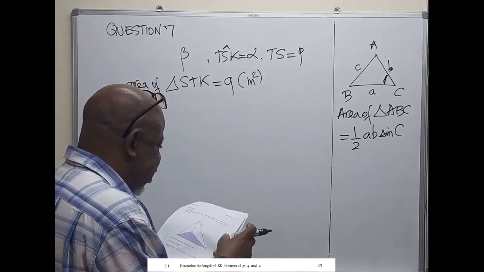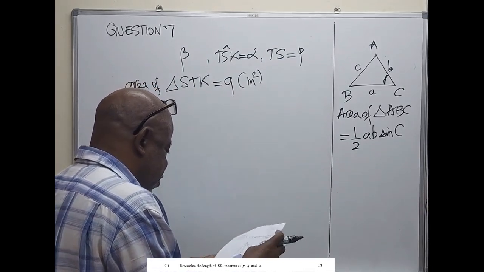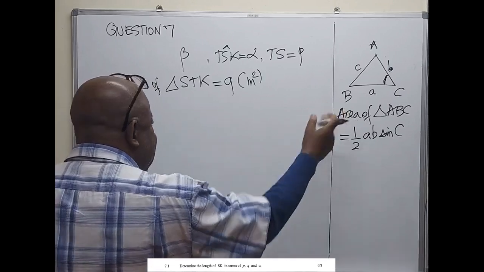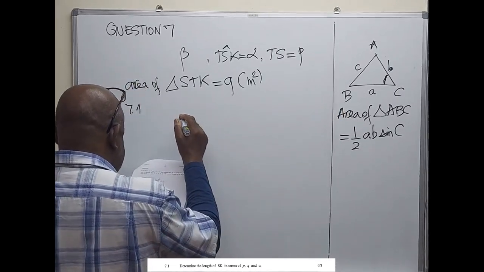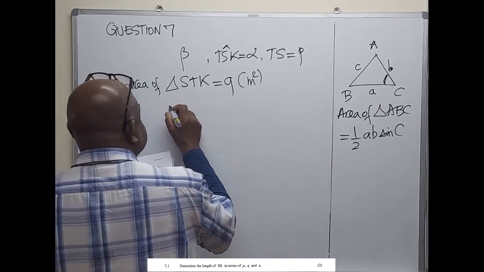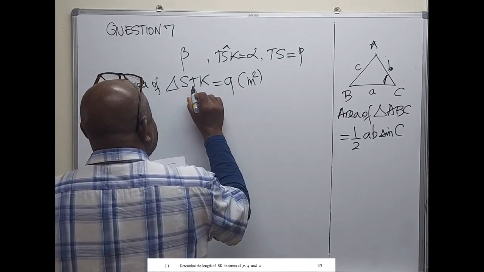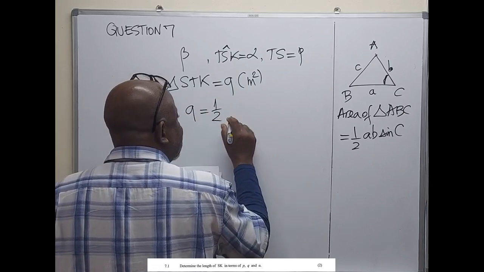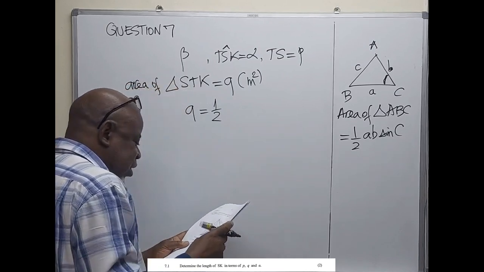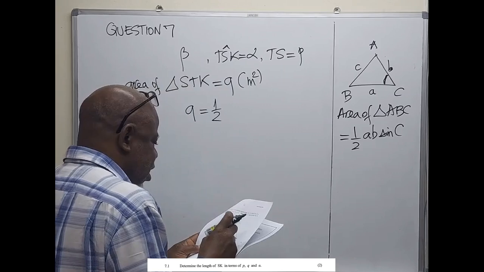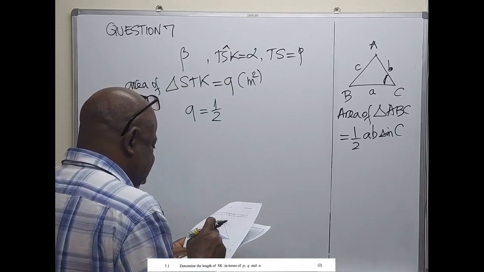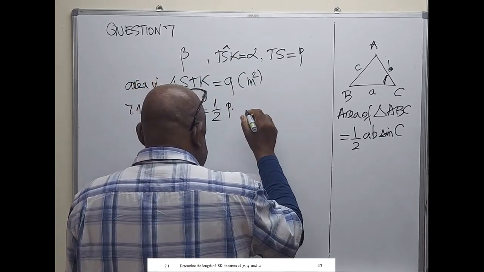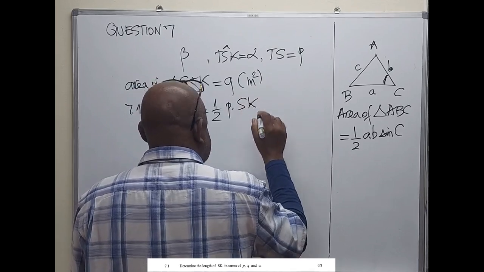Here we are dealing with triangle STK. Applying this formula, we're going to write the area of triangle STK. Q will be equal to 1 over 2, and the two sides which enclose angle alpha are P, and the other side is SK.